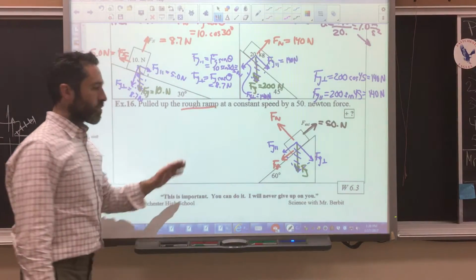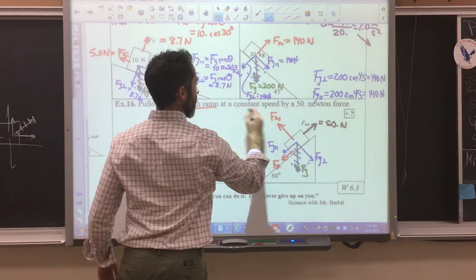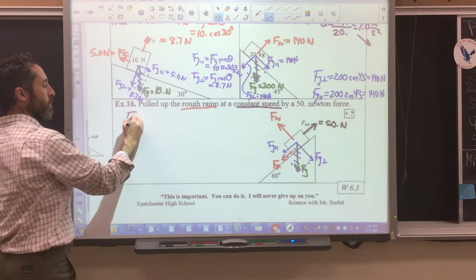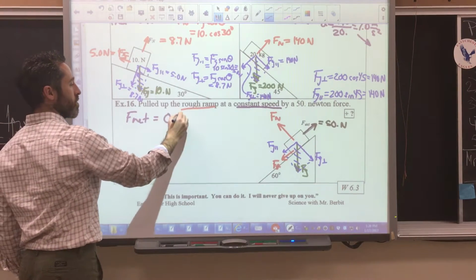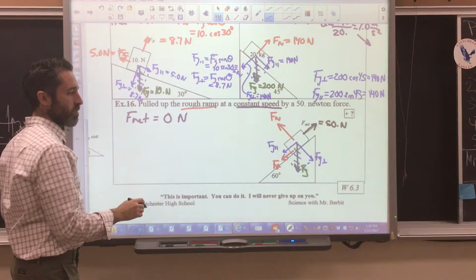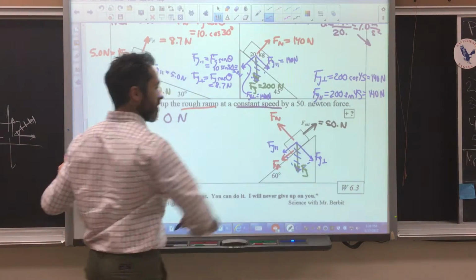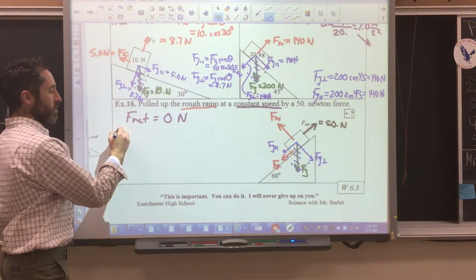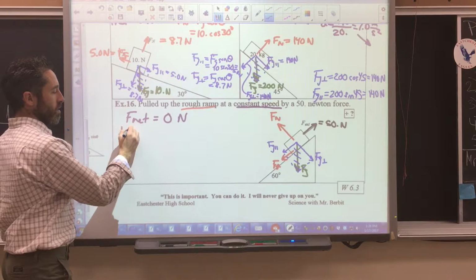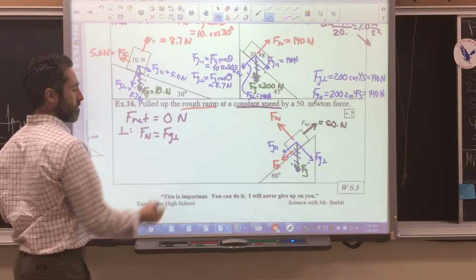Even without numbers, we can come up with some useful information here. This says constant speed, straight up the ramp, F net is 0 newtons. Now, if F net is 0, we know something. We know we have balance. We have balance both in the perpendicular direction and the parallel direction. In the perpendicular direction, the normal force is equal to Fg perp. Cool.